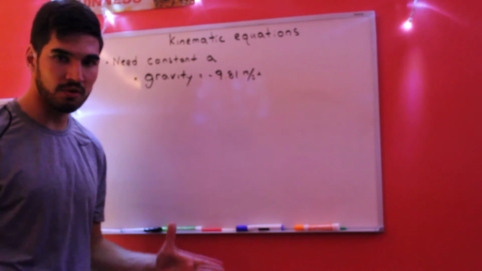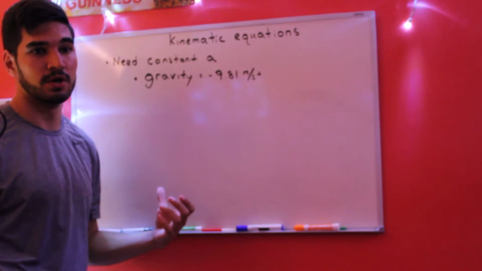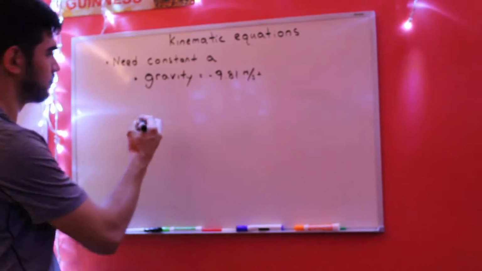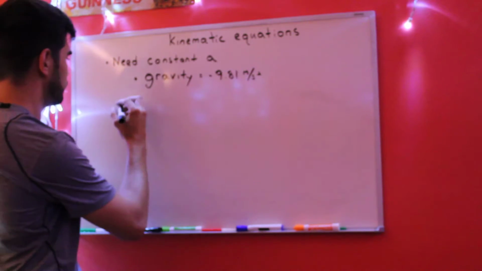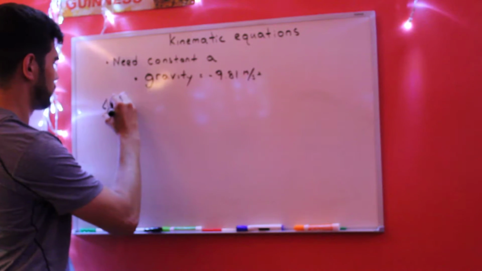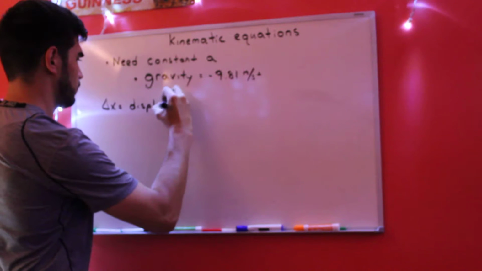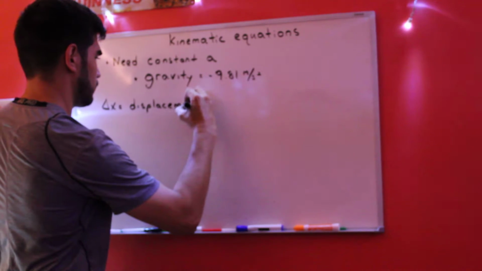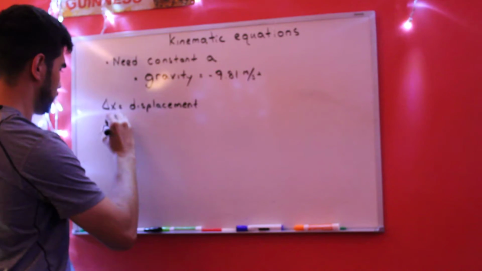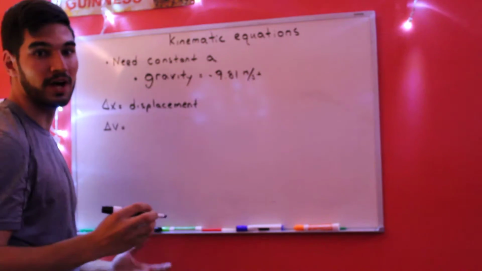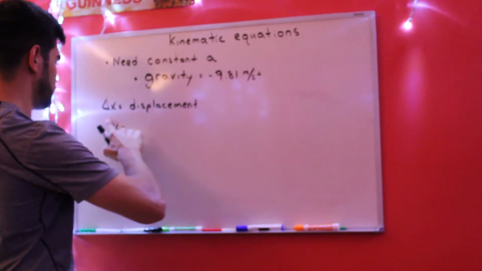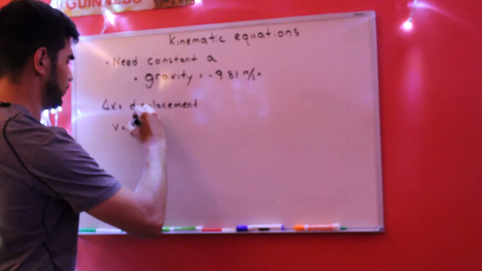Now, these kinematic equations were created using the base blocks we learned earlier, using delta x, which is displacement, delta v, which is velocity, or I should just put velocity.